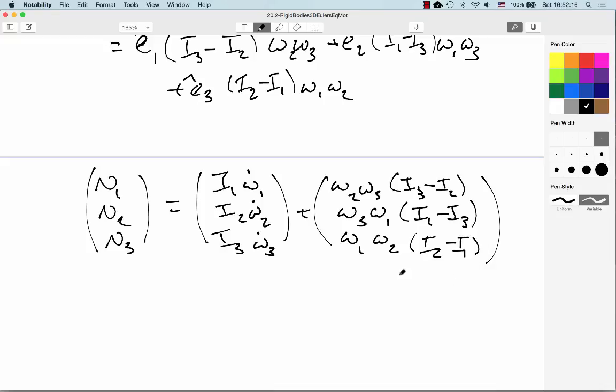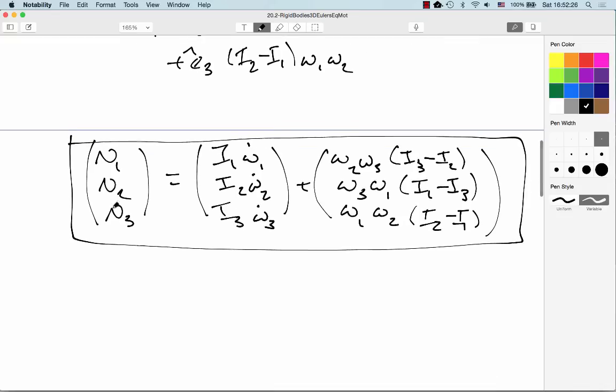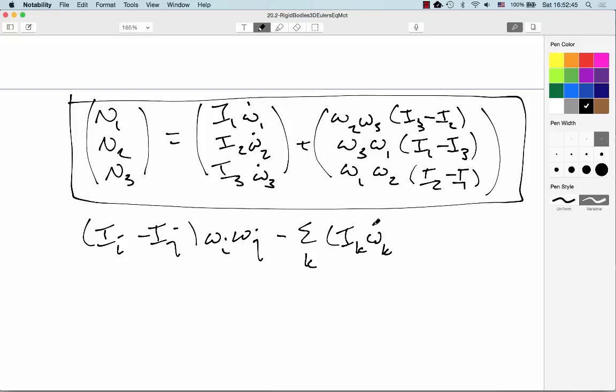If we go ahead and subtract n from both sides, we could rewrite Euler's equation here. In index notation, we could write it as the sum over i, j, k of epsilon ijk, I_ij omega_i omega_j, plus the sum over k of I_ik omega_k dot, minus n_k.